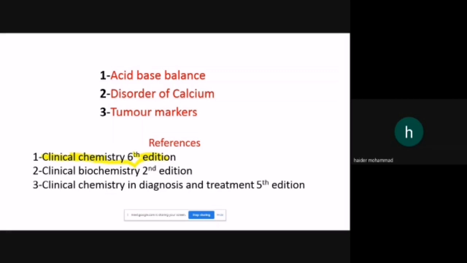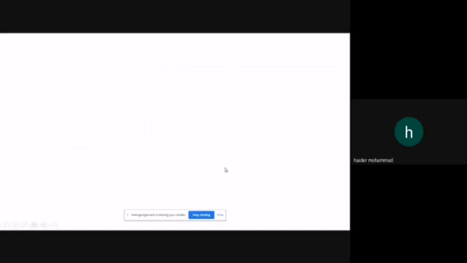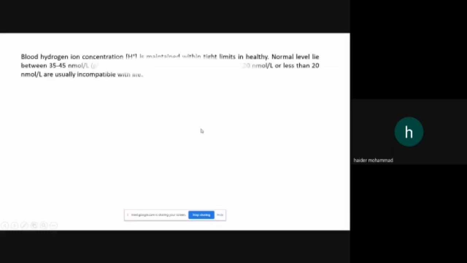Okay, let us start with the first topic, which is acid-base balance. What does acid-base balance mean, and why do we need to study this subject?